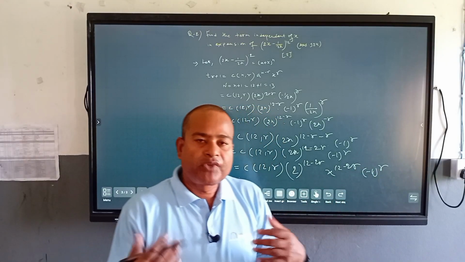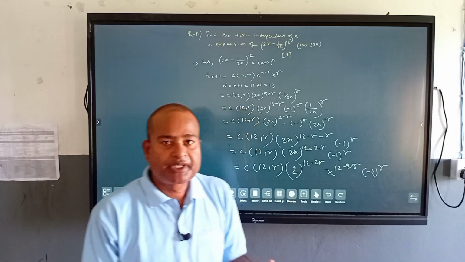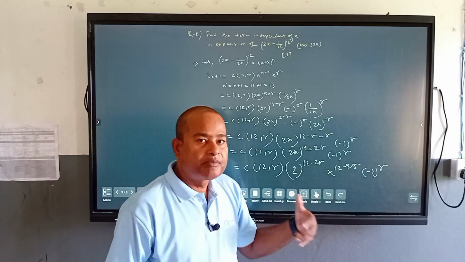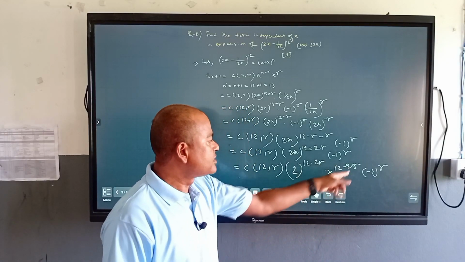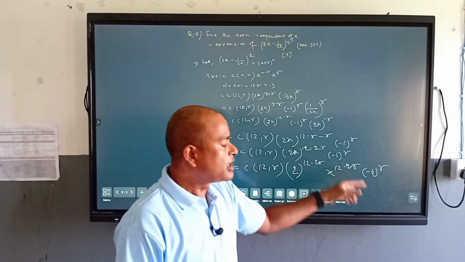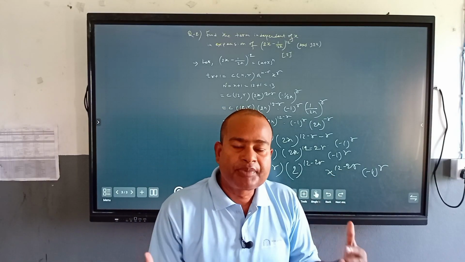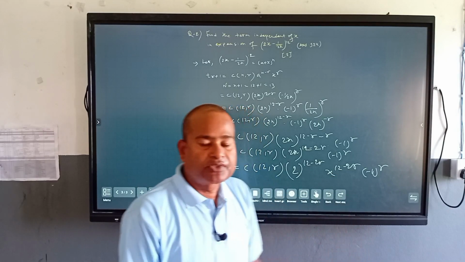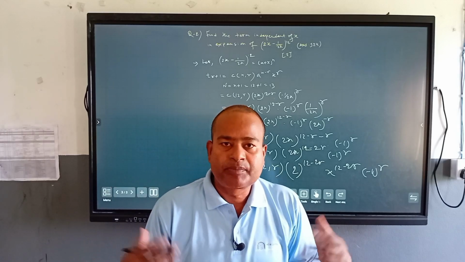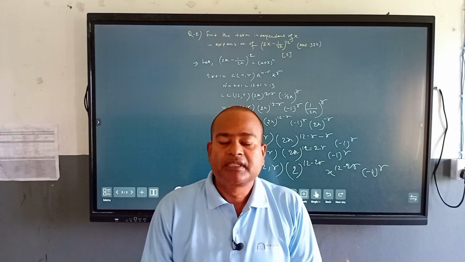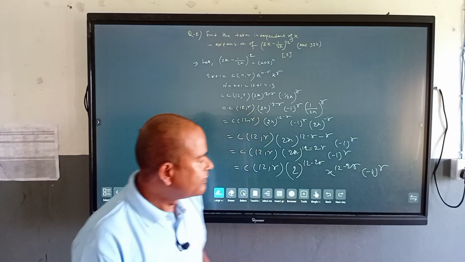So dear students, we have to find out the term independent of x. So to find the term independent of x, the variable term, that means x to the power 12 minus 2r, we have to compare with x to the power 0, because the value of x to the power 0 is 1, which is known as the term independent of x.